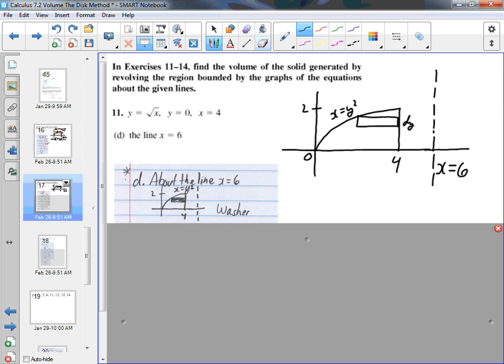Okay? And is this going to be a disc or a washer? Fairly obvious, going to be a washer. There's a big gap there. It's going to have to be a washer. Okay? So we need to find the radii, don't we? Do you want to go ahead and get what we can get set up of the integral?